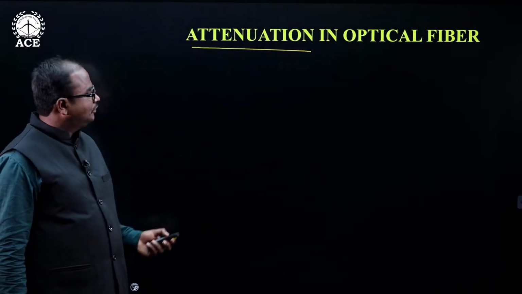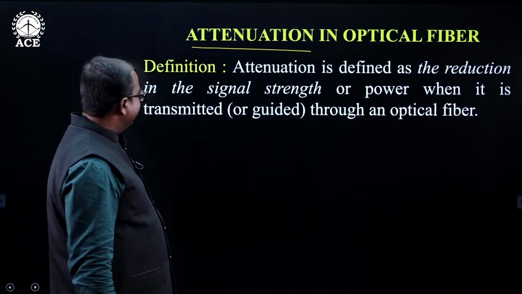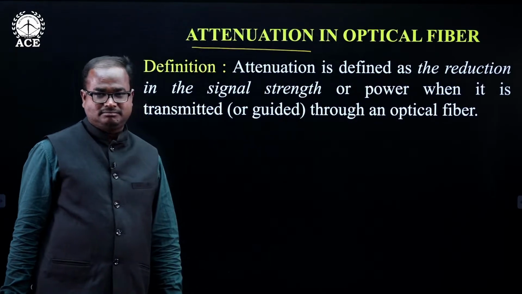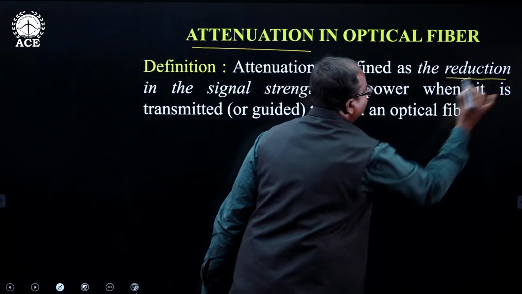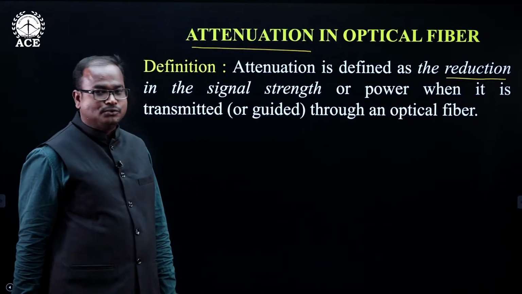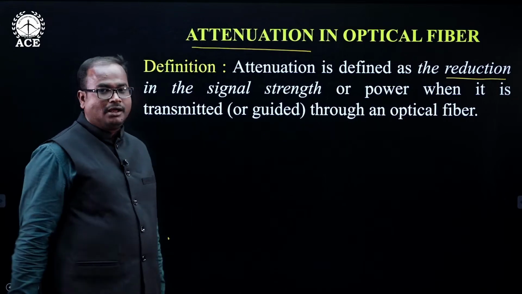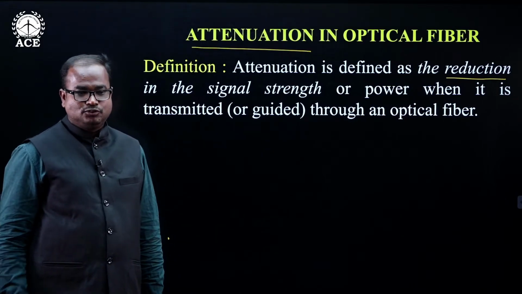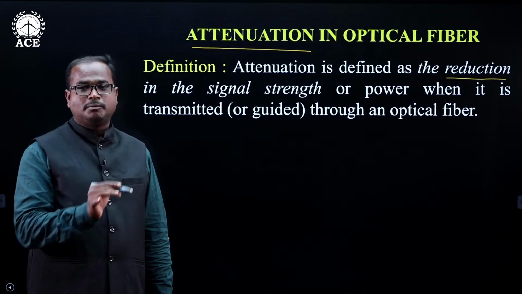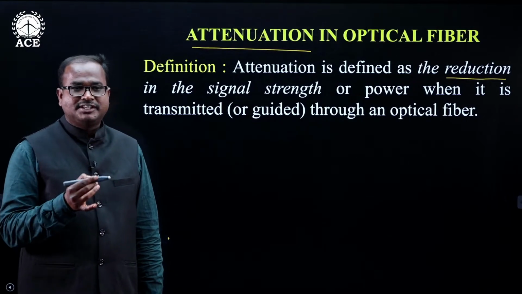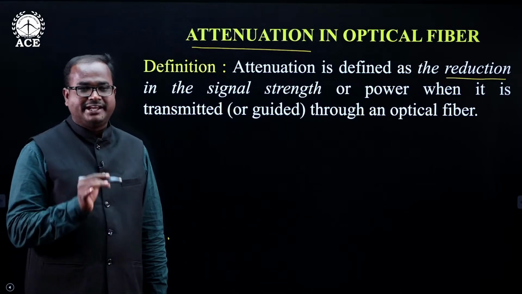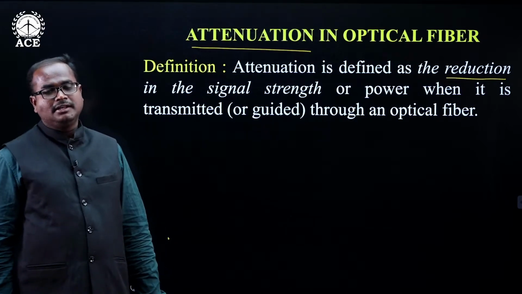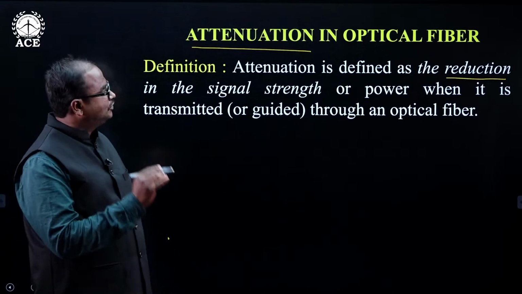Attenuation is defined as the reduction in the signal strength. The signal strength gets reduced when it is transmitted through the optical fiber. This reduction in the strength of the signal is known as attenuation.